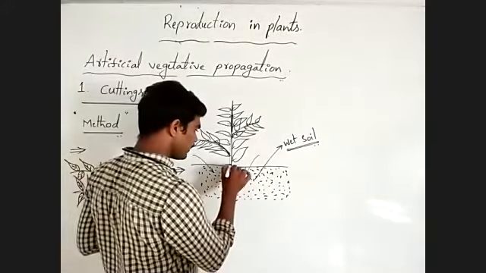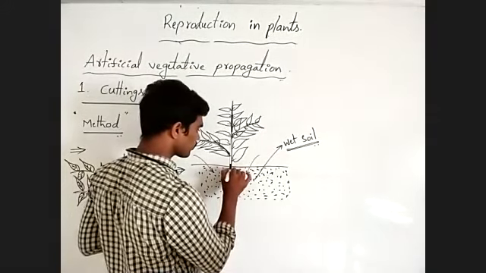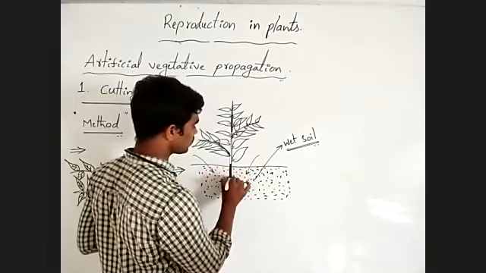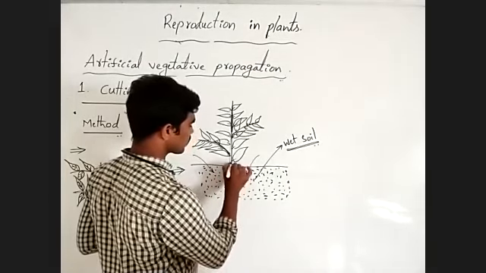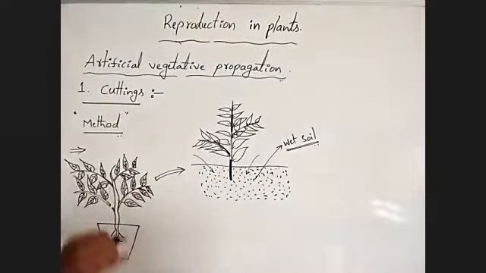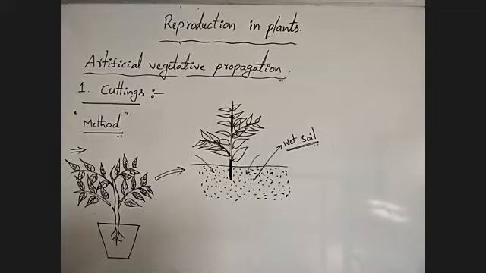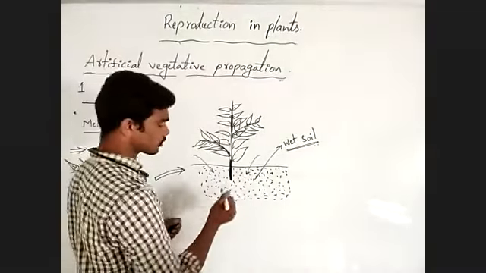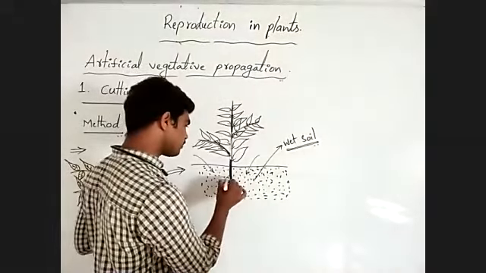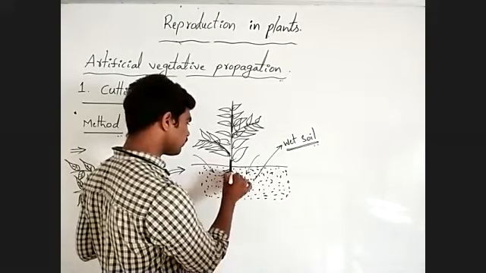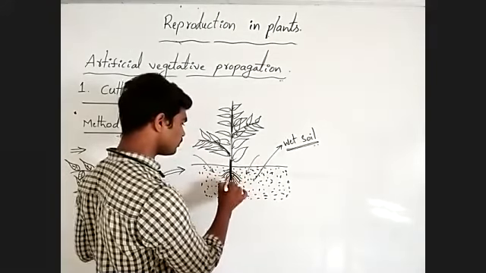When we bury the lower portion of the cut branch in wet soil, after some time adventitious roots are developed into the soil.